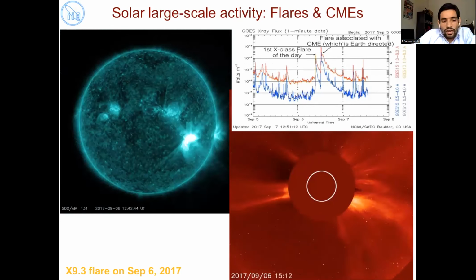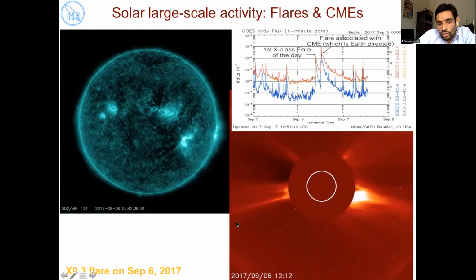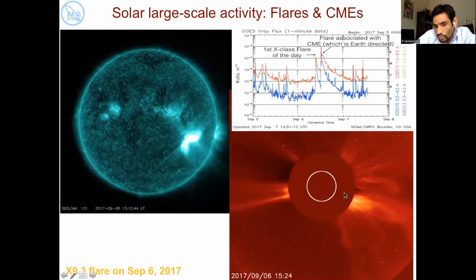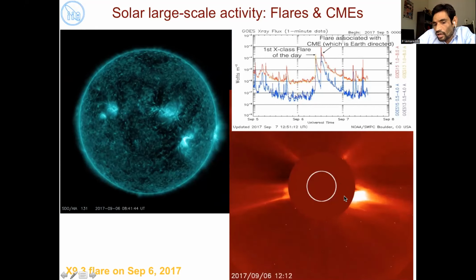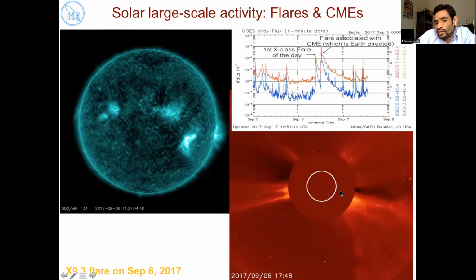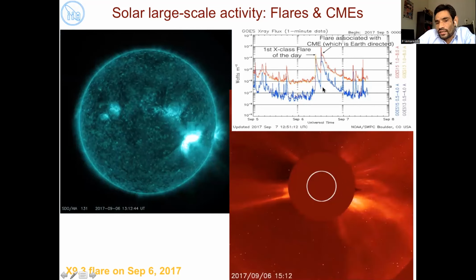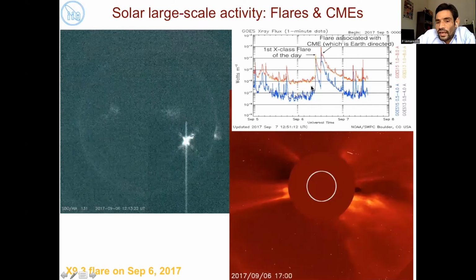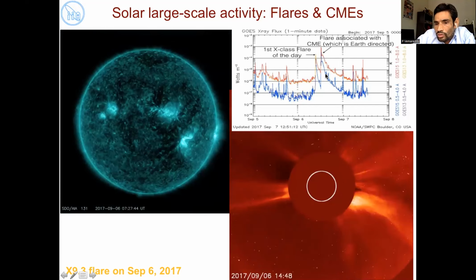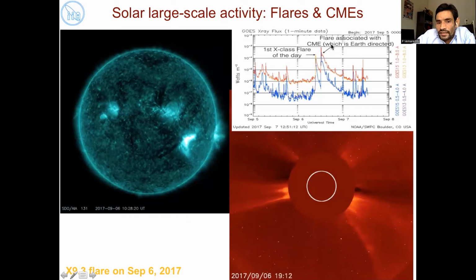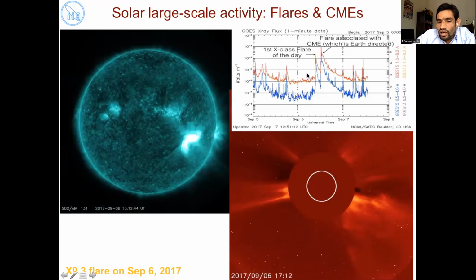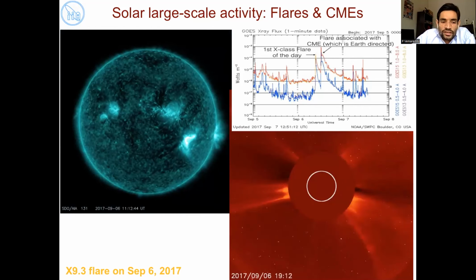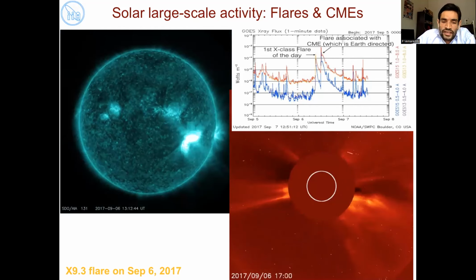It gives the very largest flare, X9.3. It is followed by a large CME which is going along the limb direction. Then we observe in the X-ray observations a light curve that points to 9 in the X-ray scale. It goes to more than an X10 class flare, which was the largest flare of solar cycle 24.